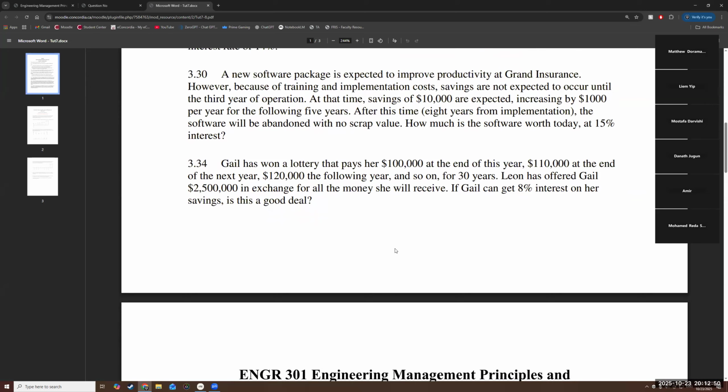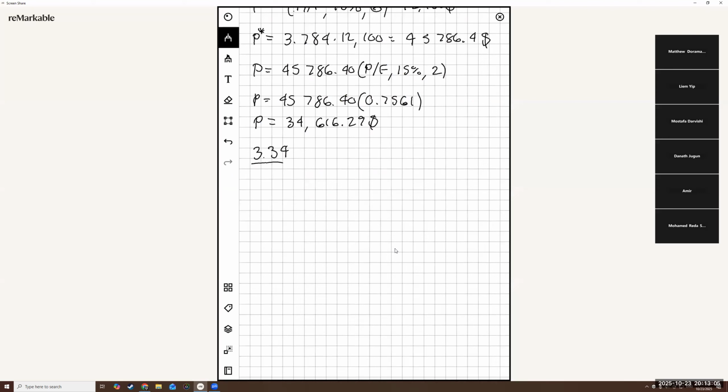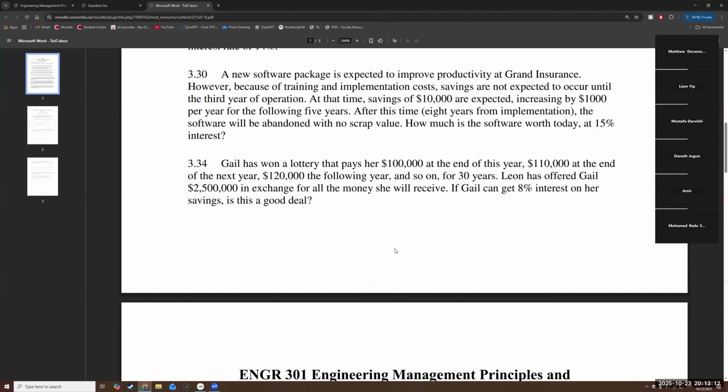So in this question, you're offered a choice between $2.5 million upfront or the lottery winnings. Which one would you take? So let's write down what's going on here to make it easy for us. Interest rate is 8%. Let's keep that in mind.